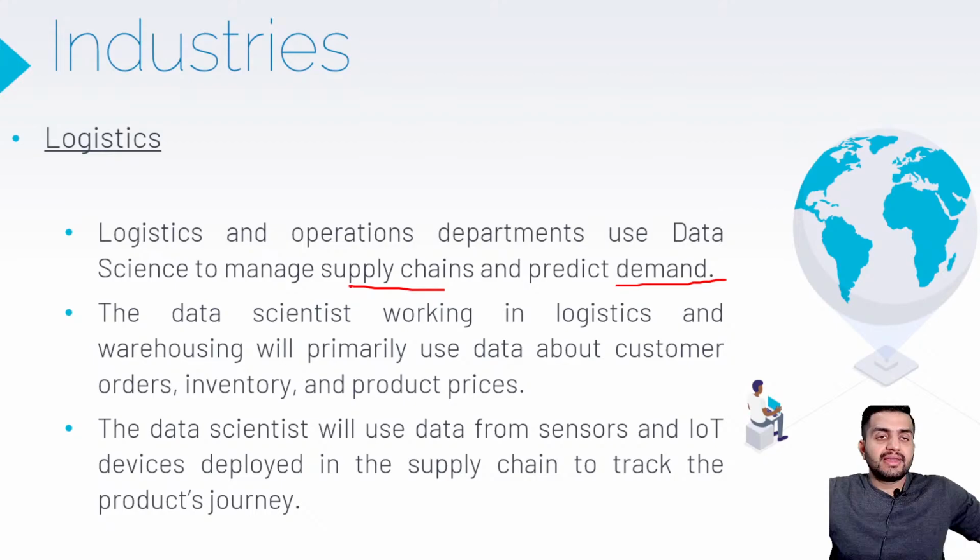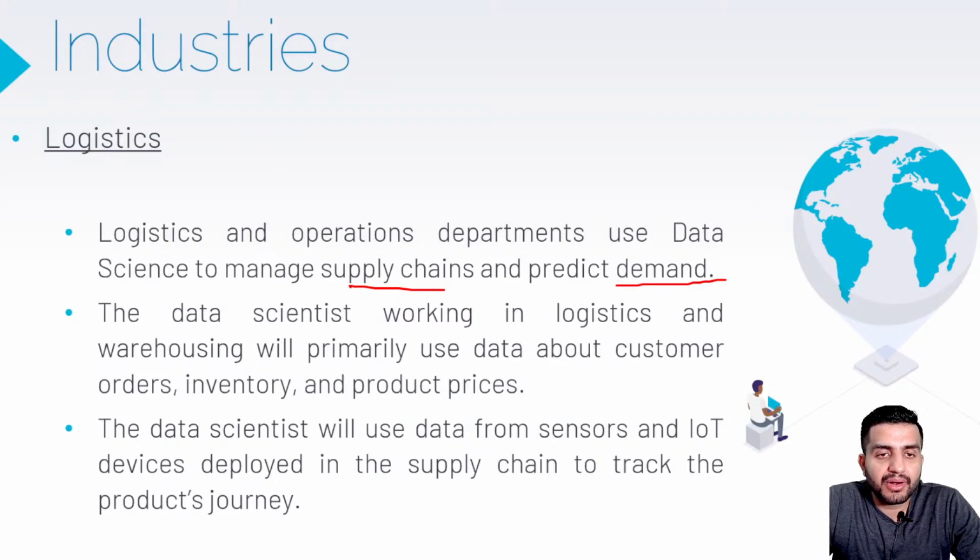They install sensors, IoT devices, in these supply chains to track my product's journey, how it is getting from one place to another and how it is getting used. So again, another format in which data is collected using sensors, IoT devices, Internet of Things. That is pretty much where the logistical industry comes into the picture.